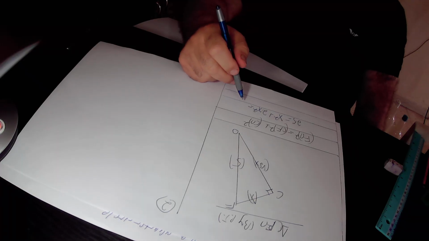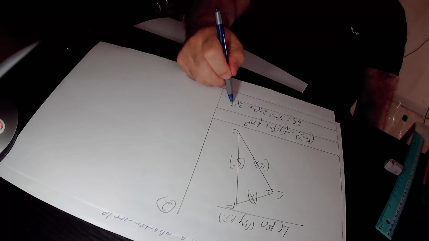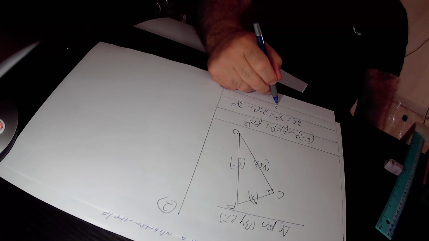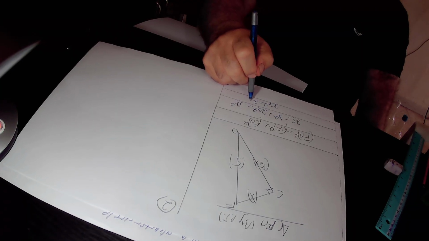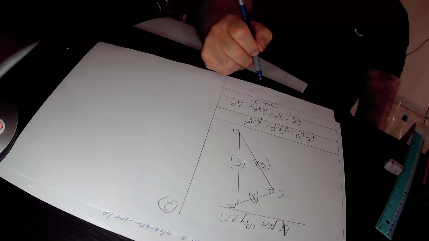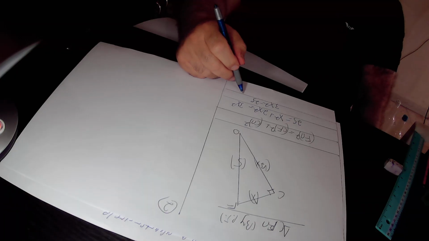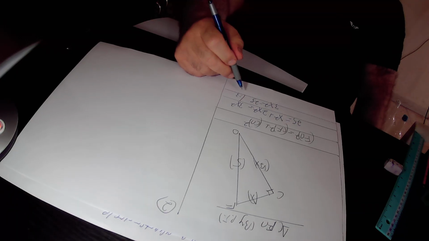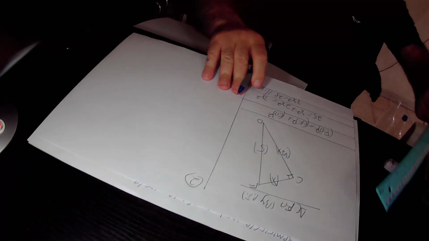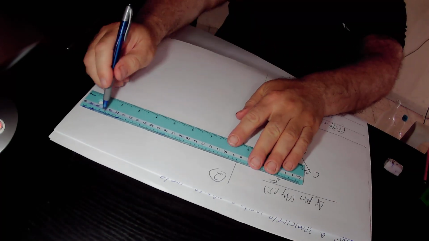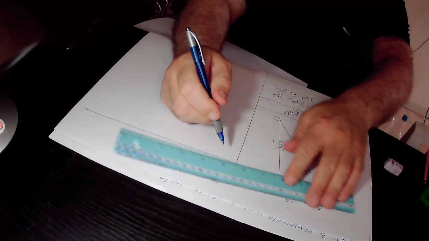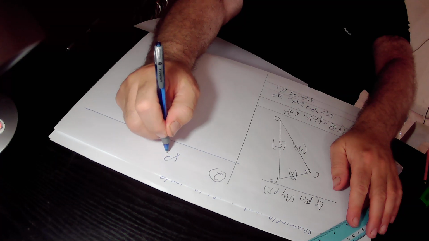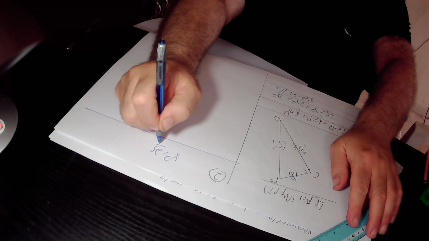X squared plus 2x squared is 3x squared. So 3x squared equals 25. Here we divide this equation by 3. And finally we get that x squared equals 25 over 3.